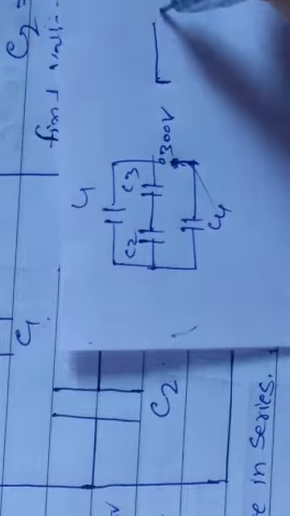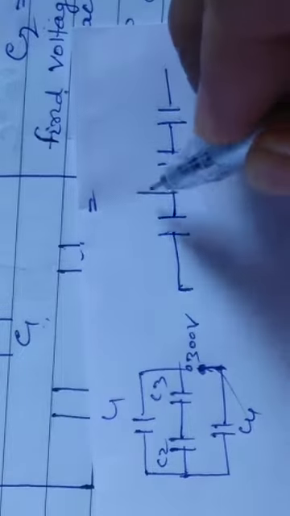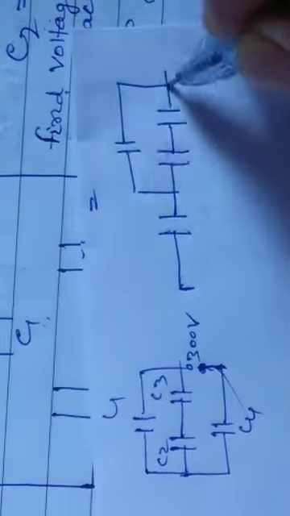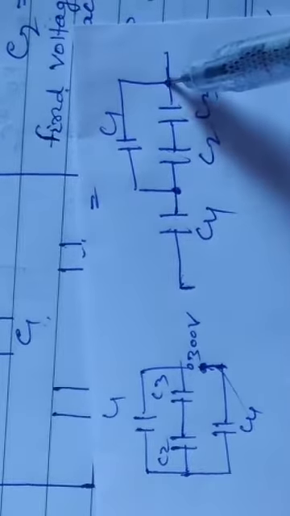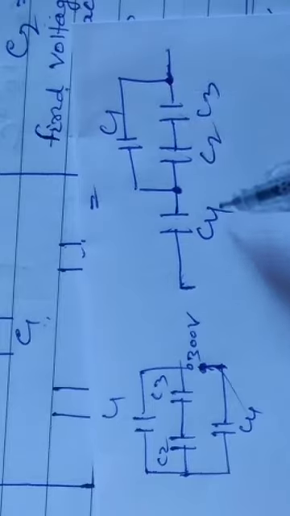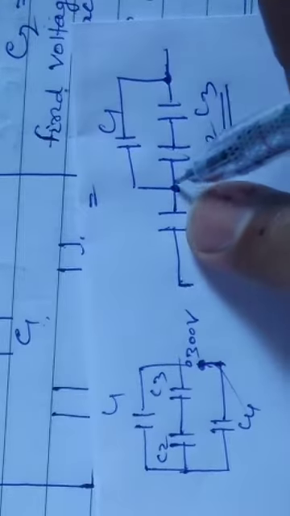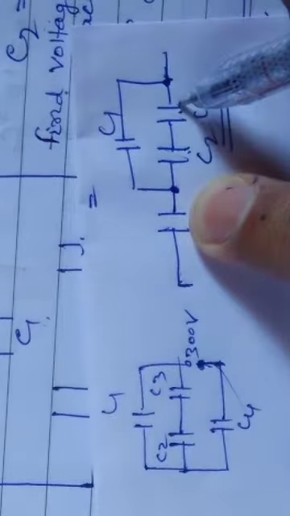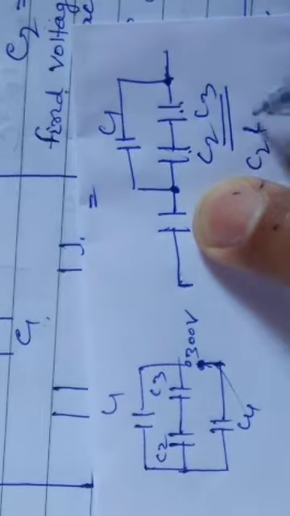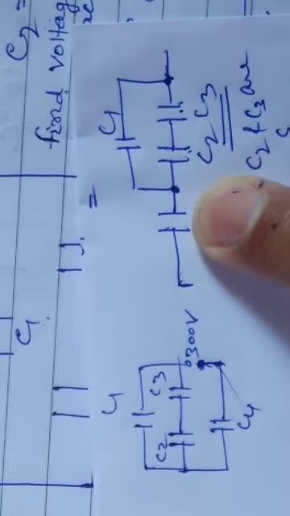So it will be like this: C2, C3, C1, and this is C4. Now from this diagram it is clear that between these two points, if you start from here through C2 and C3, we will reach here without branching. So C2 and C3 are in series.